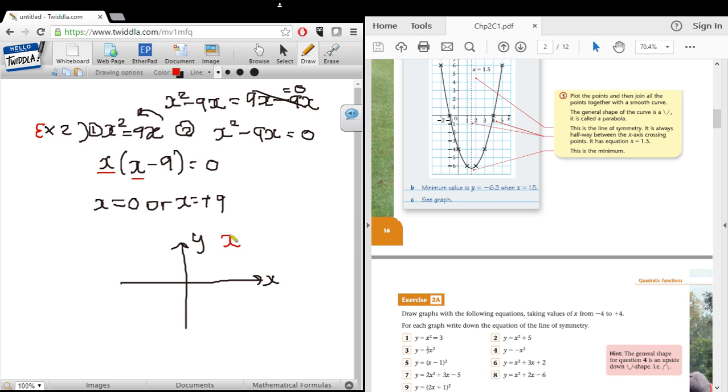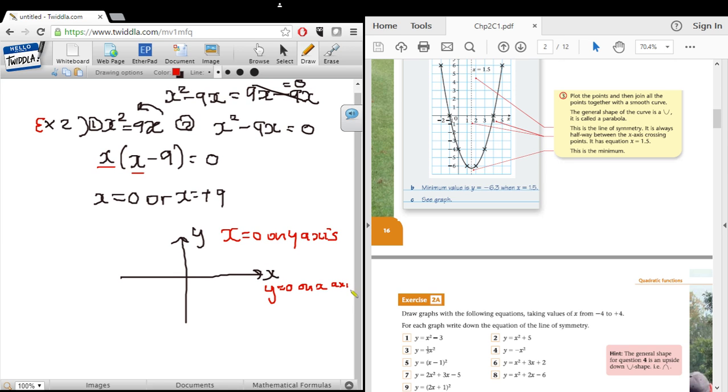Okay, x is equal to 0 on the y-axis, and likewise y is equal to 0 on the x-axis. Okay, I can't write axis. Yeah, axis. So this is very important.